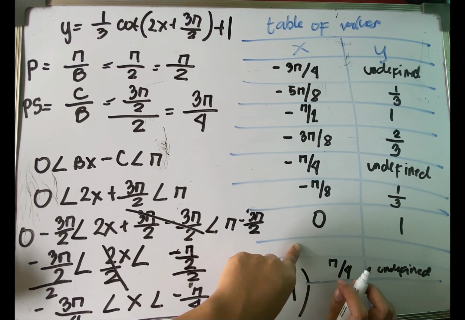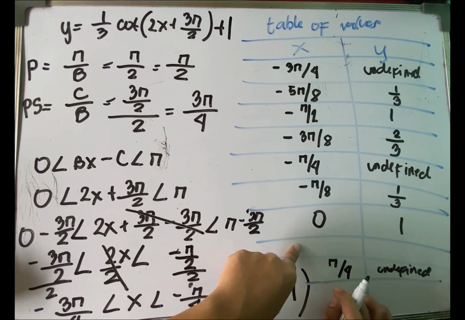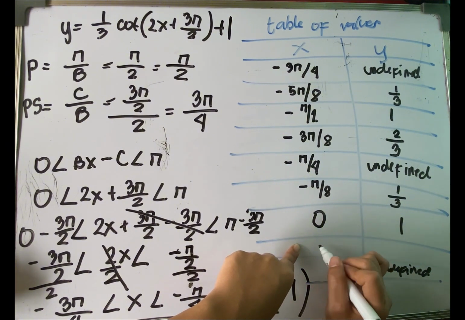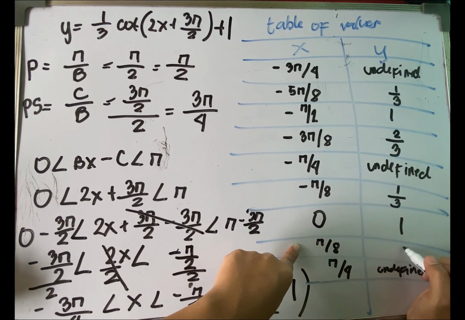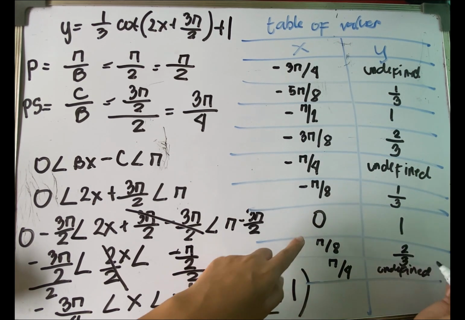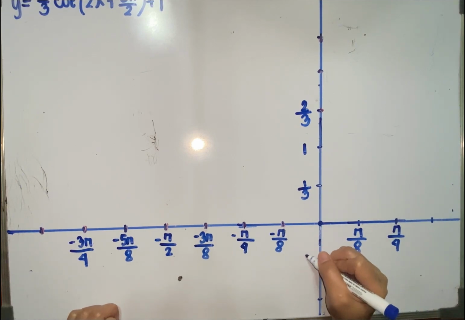Then we add these two again and divide by 2, so we get pi over 8, then 2/3. Since we're already done with our table of values, let's now move to graphing.